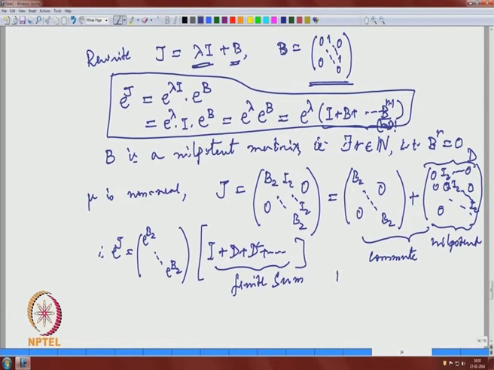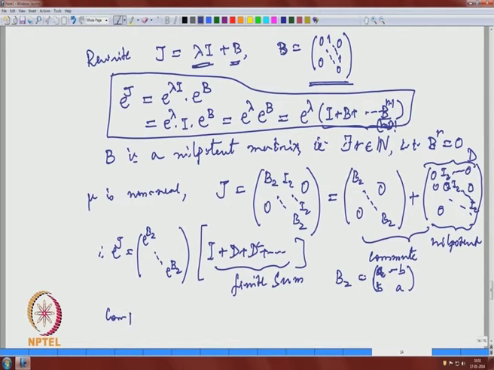So, remember B2 is the matrix with entries A, minus B, B, A, okay, just a 2 by 2 matrix. So, it is very easy to compute that.